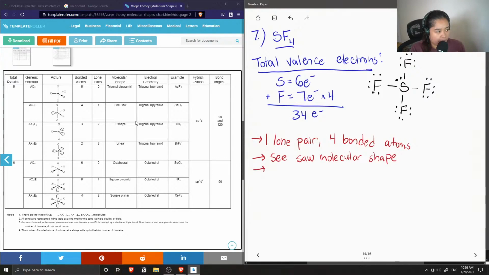And we also have a trigonal bipyramid electron geometry.